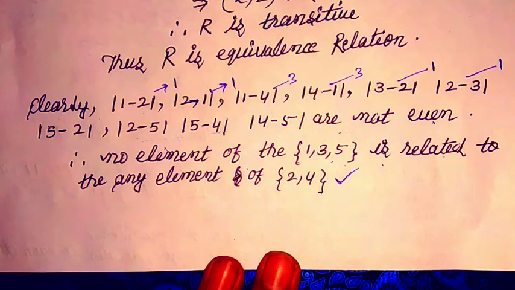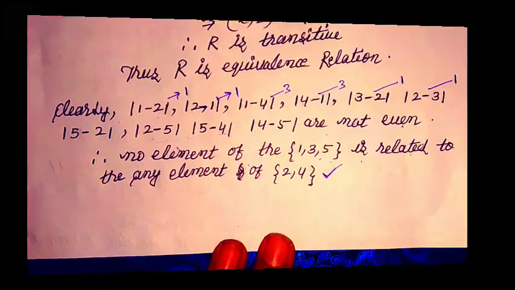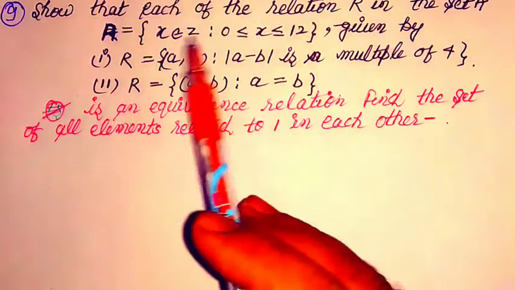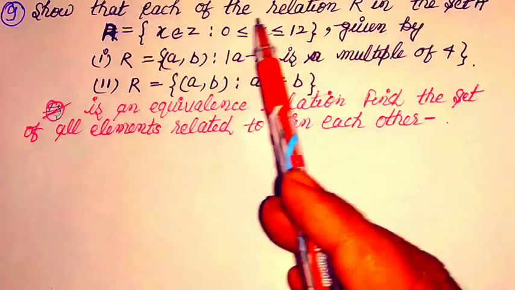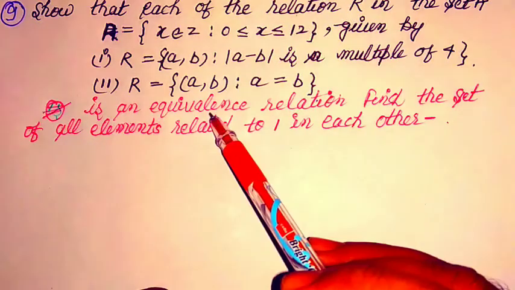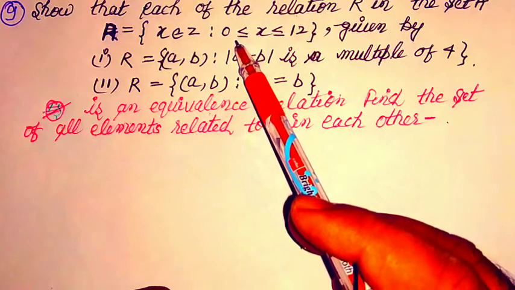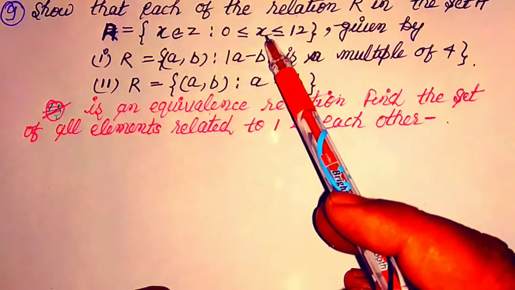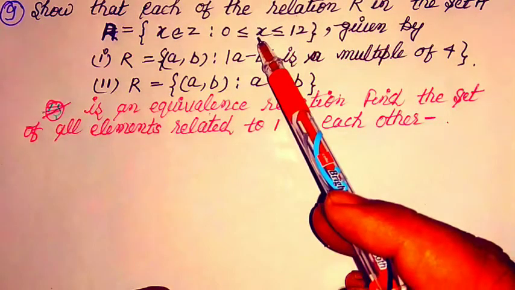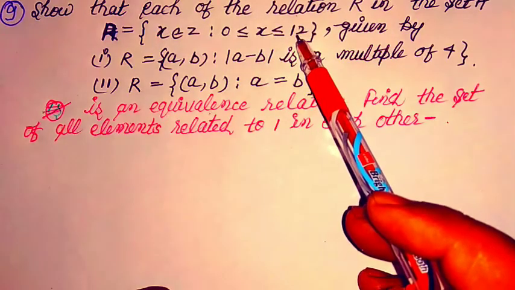Now let's see our next question, question number 9. Show that R is an equivalence relation, and in the set we have the value of x is an integer, with x greater than or equal to 0 and less than or equal to 12.